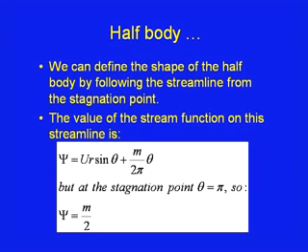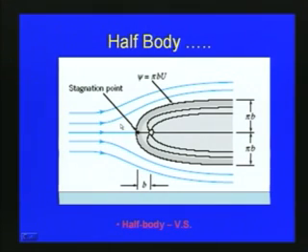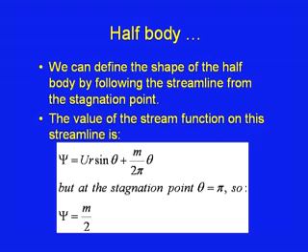Also we can define the shape of the half body by following the streamline from the stagnation point. With respect to this figure, if we follow the stagnation point, we can track down the shape of the half body. The value of the stream function on the streamline is psi is equal to U r sin theta plus m by 2 pi theta, but at the stagnation point theta is equal to pi, so we get psi is equal to m by 2.